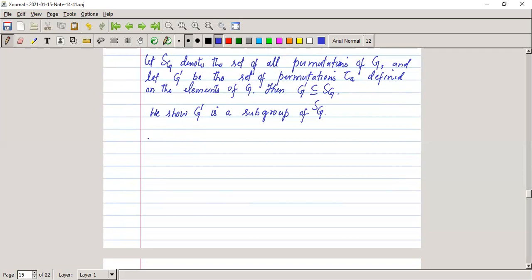Now for doing that, we have tau_a tau_b of x. This is the mapping composition of the two mappings tau_a and tau_b, for the elements a and b in G. By the composition of mappings, this is equal to tau_a of tau_b of x. Now tau_b of x is equal to bx, so this is tau_a of bx.